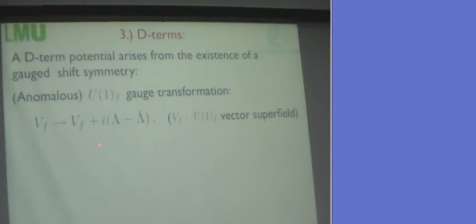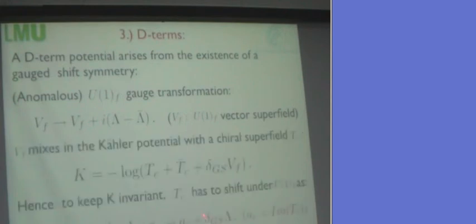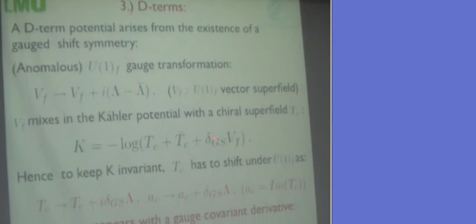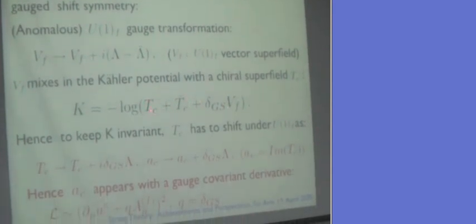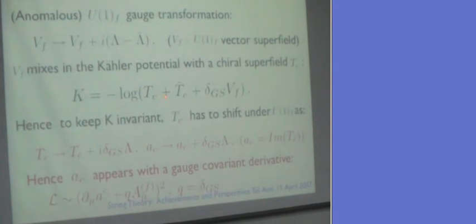We have a U(1) gauge vector superfield which transforms like this under U(1) transformations. And now this field mixes, say in the Kähler potential, with a chiral field which we denote by T_c in this way.